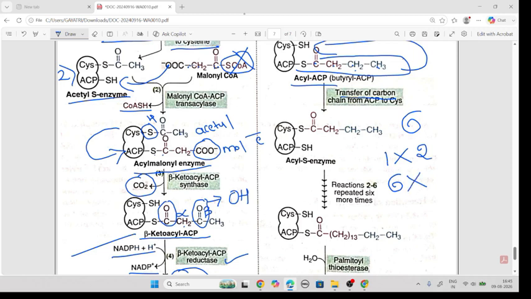If we repeat the same thing for 6 times, where two carbon atoms are added each time, so total 12 carbon atoms will be added. If the same thing repeats for 6 times, then total 12 carbon atoms will be formed in the entire chain.